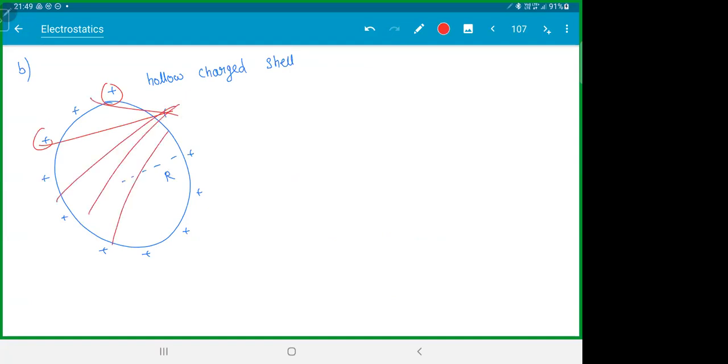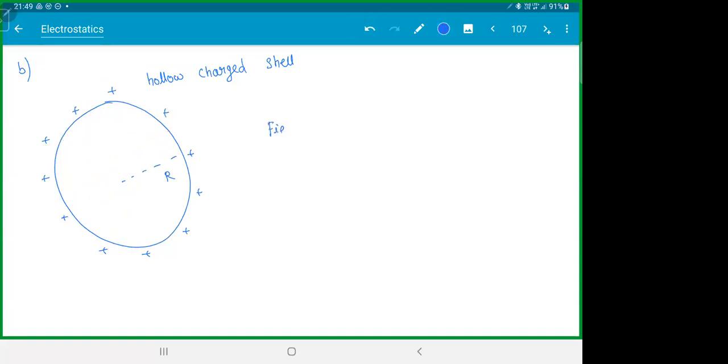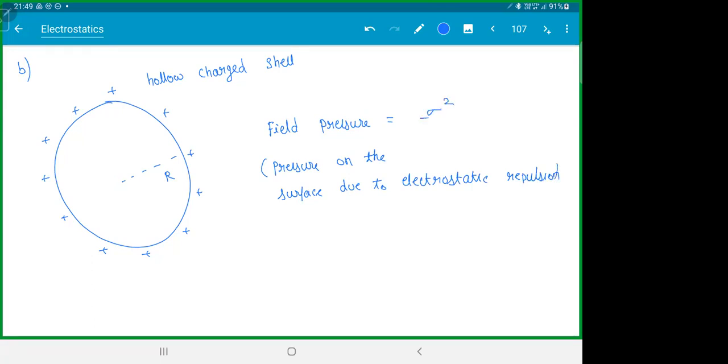So because of this, the shell will be under a lot of pressure. This thing is called field pressure, because this is the pressure because of electrostatic repulsion. So this is the pressure on the surface due to electrostatic repulsion. It is given by sigma square by 2 epsilon.